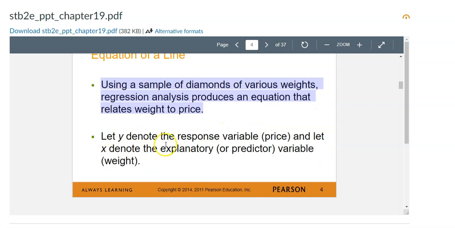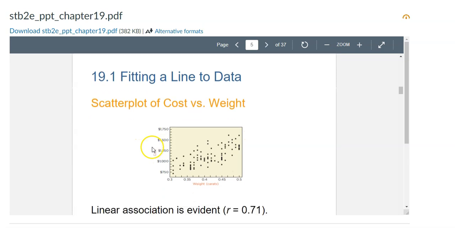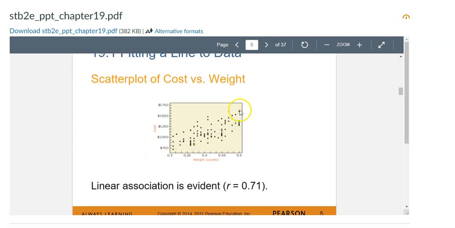So let y denote the response or dependent variable, price or cost, and let x denote the explanatory or predictor variable, weight. So that's the scatter plot we come up with. It seems pretty much linear, it looks like a line, and the variations are not that much different.